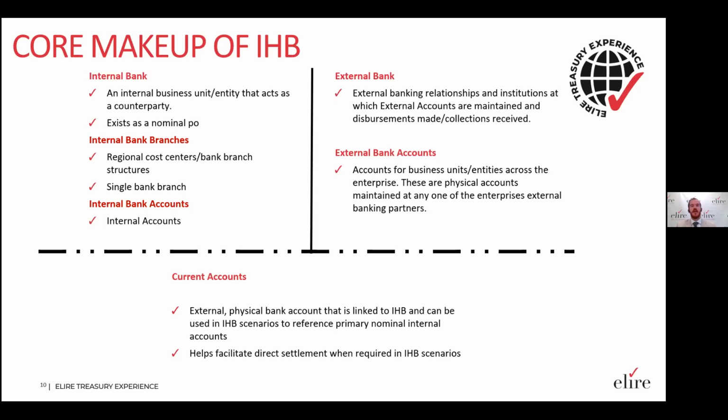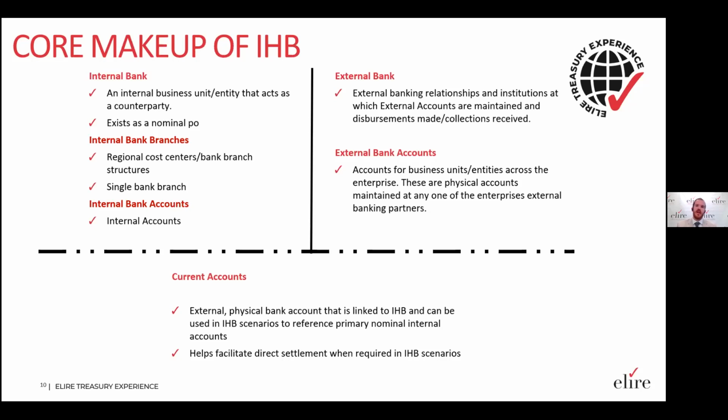To actually facilitate the movement of money, we have to have our external banking partners, external banks, branches, and accounts. The way that we really link those two up, we say, well, for this particular region, this particular treasury authority, or this particular business unit in country that is participating in the IHB has an in-house banking account. They are tied to external bank accounts in that region or area based on what we call current accounts.